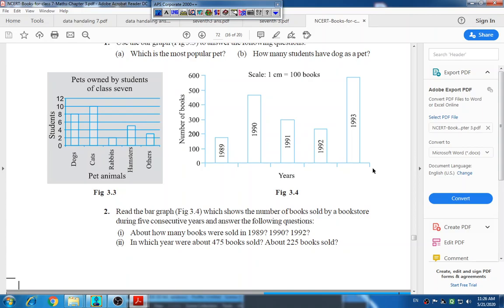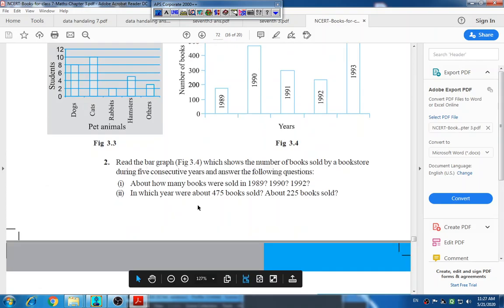198 books were sold in 1989. In 1990, nearby 480, and in 1992, nearby 220. Okay, like that you can solve this. In which year were about 475 books sold, and about 225 books sold? Look here, the number 475 is between 400 and 500.